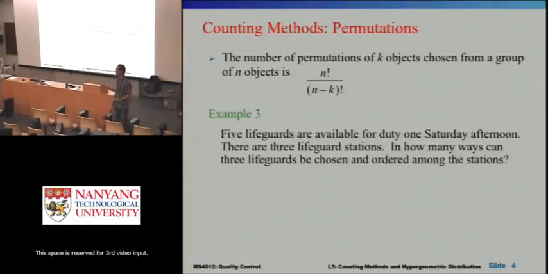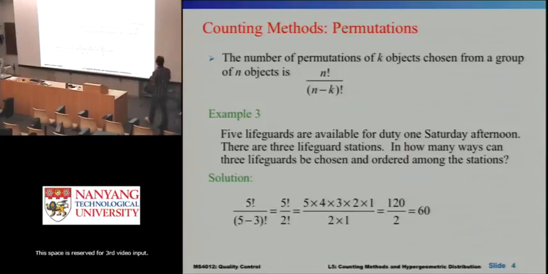Then back to this example, they said 5 lifeguards are available for duty one Saturday afternoon, and there are 3 lifeguard stations. So basically, we just need to choose 3 people out of 5, right? And these 3 people will be assigned to different lifeguard stations. So the order for these 3 people matters. So this is a permutation problem, and we choose 3 out of 5.